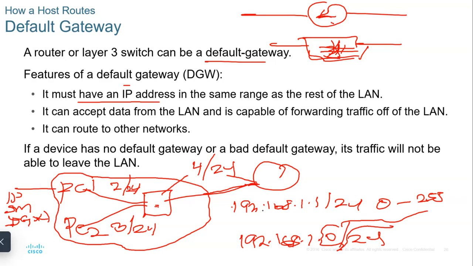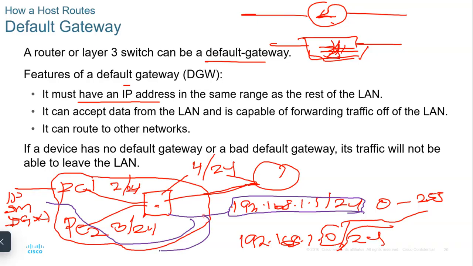It will be this IP address here, both on this as the gateway, on this as the gateway, and even on this PC as the gateway.